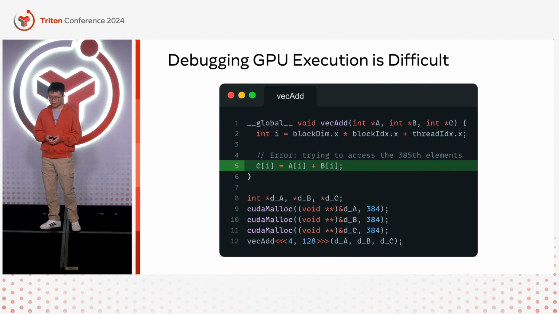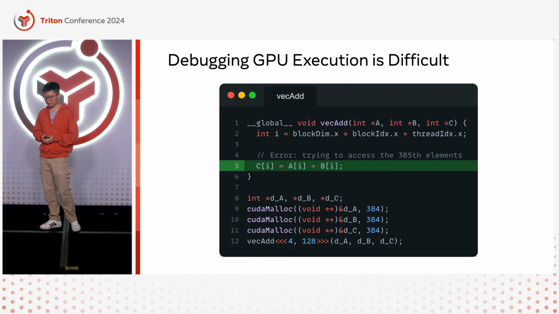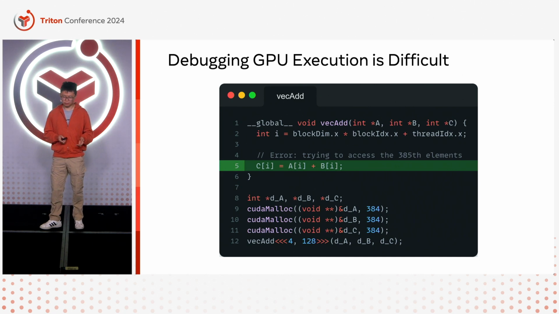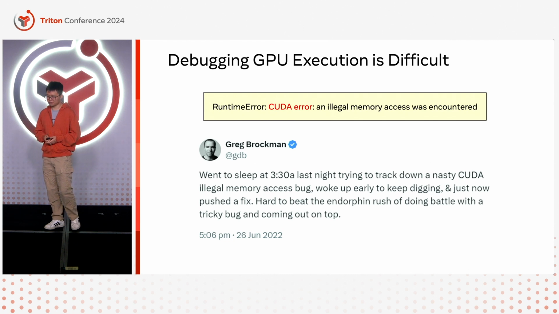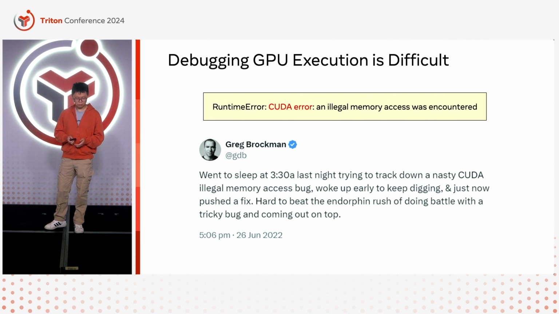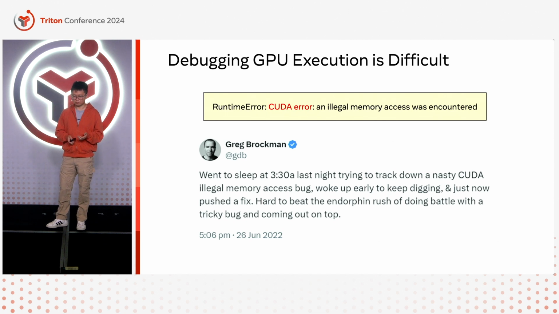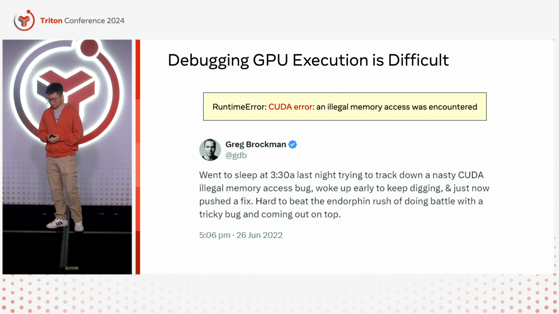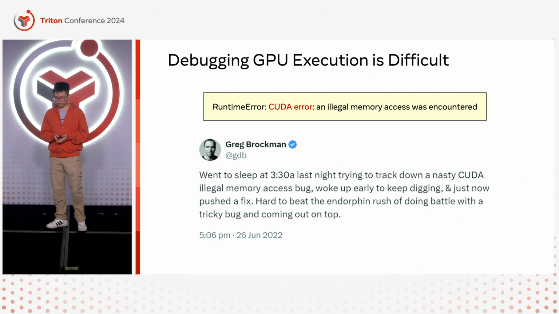Then obviously, when the last block is going to access the 385th element in the GPU global memory, it's going to throw an error. The error would be something like runtime error, CUDA error, an illegal memory access was encountered. It is noteworthy that this kind of problem seems to be easy to observe and resolve, but in production workloads, it's going to be difficult to debug even for experienced engineers.